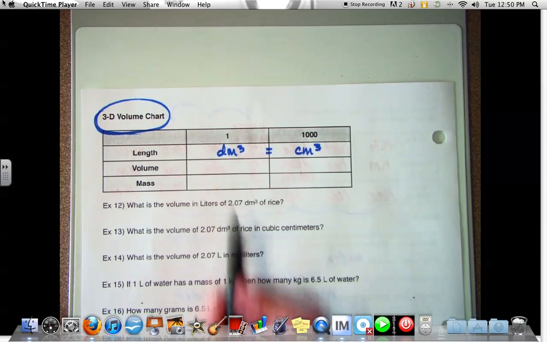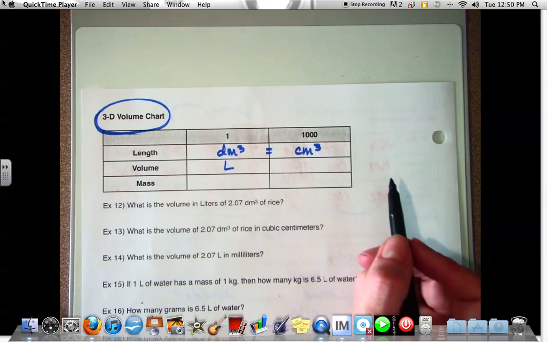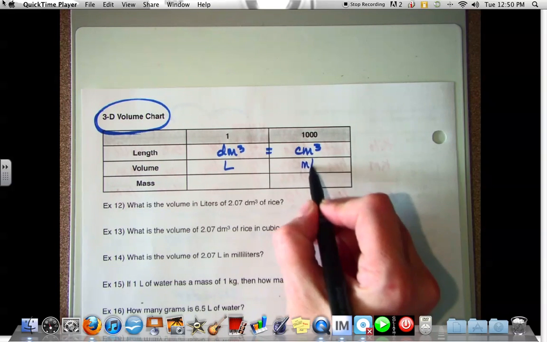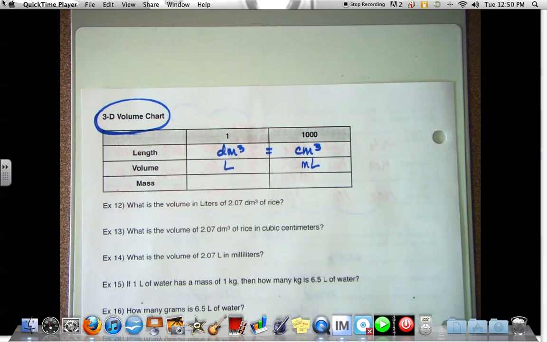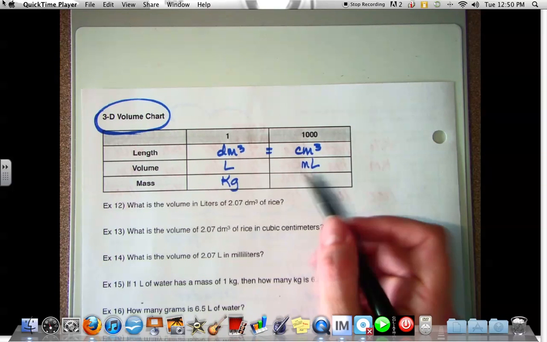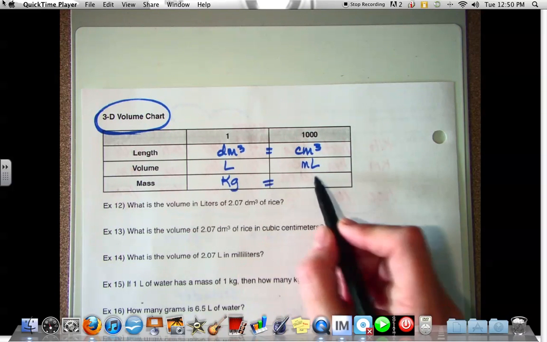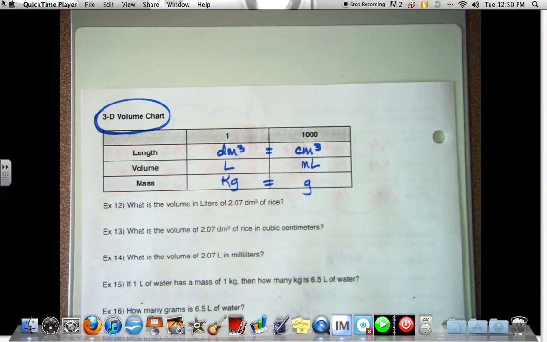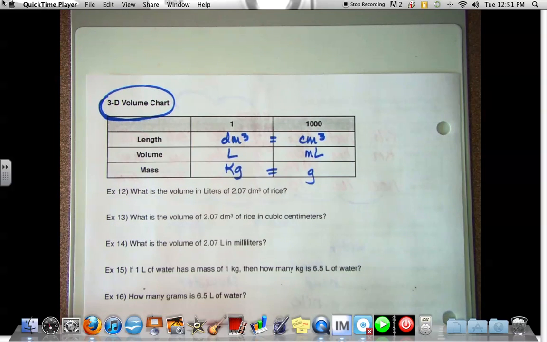With volume, 1 liter is equivalent to 1,000 milliliters. And with mass, 1 kilogram is equivalent to 1,000 grams. Now, a couple other things to remember with this chart.